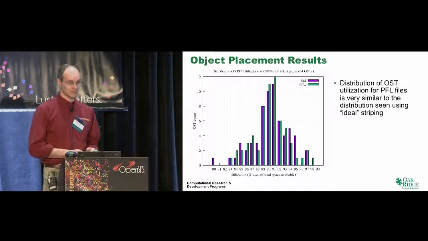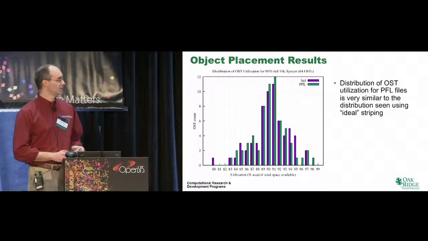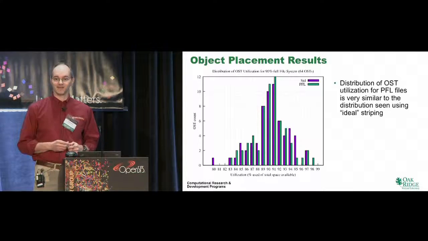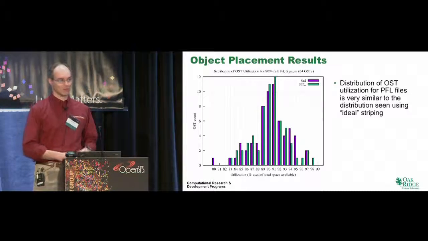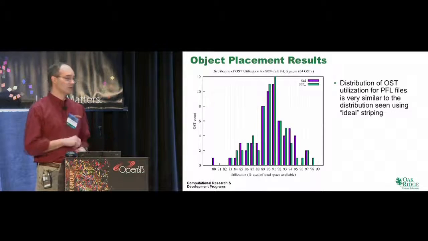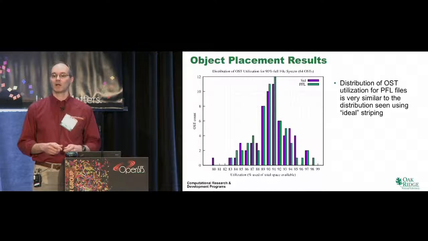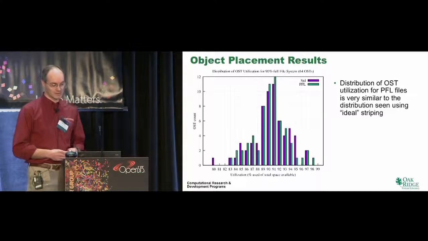This demonstrates the possibility that if you defined a default layout that was reasonable and a bunch of users hopped on and just started writing files without any consideration, you could actually get somewhat optimal placement of your data on the OSTs.